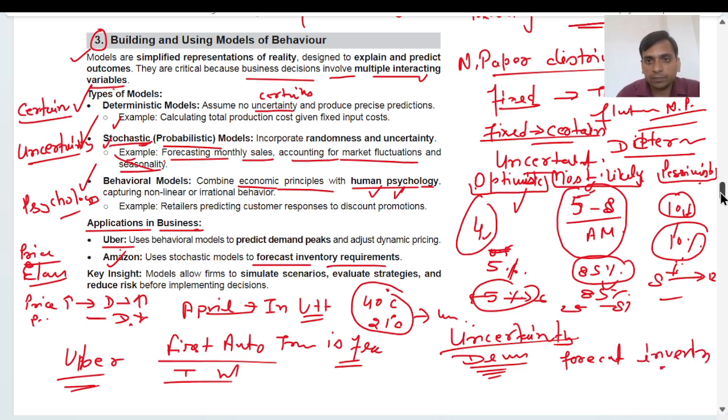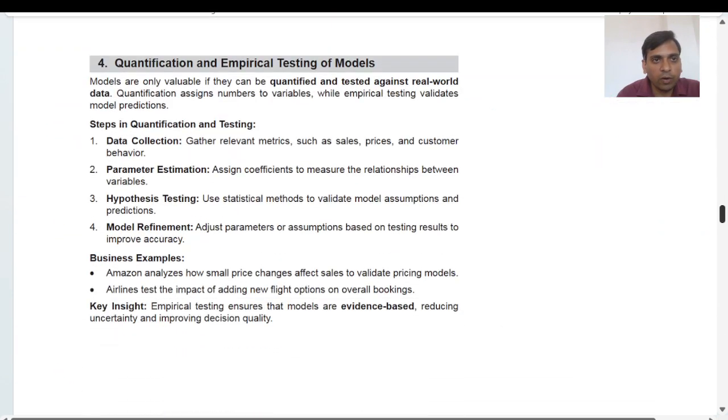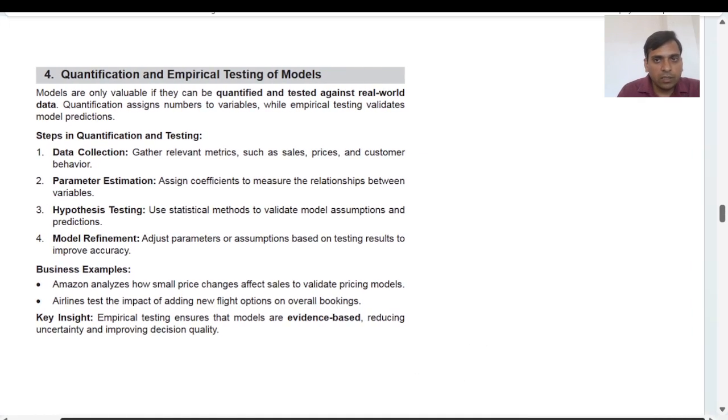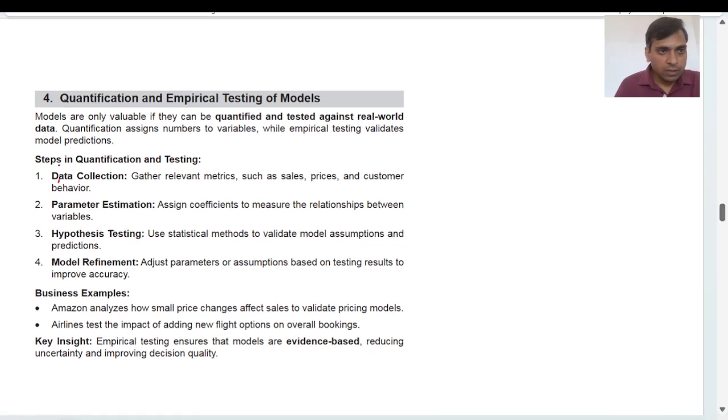Now the next, quantification and empirical testing of models. First we will discuss the steps in quantification and testing, and why we need this quantification and testing of data. Models are only valuable if they can be quantified and tested against real world data.